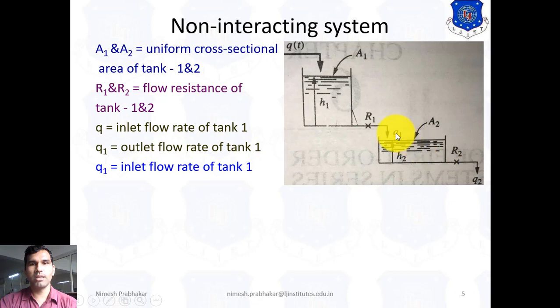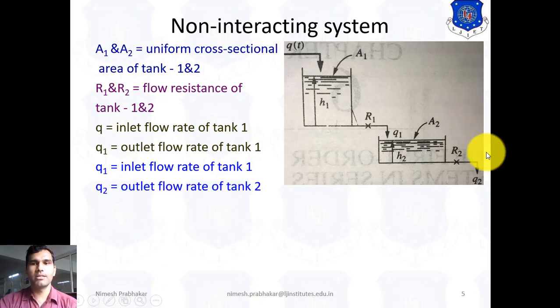Here Q1 also acts as the inlet flow for tank 2, because Q1 goes directly into tank 2. So Q1 is the outlet flow of tank 1 and also the inlet flow of tank 2.